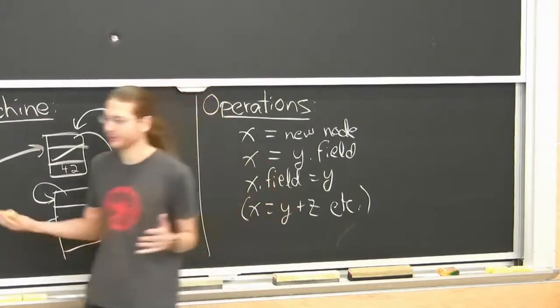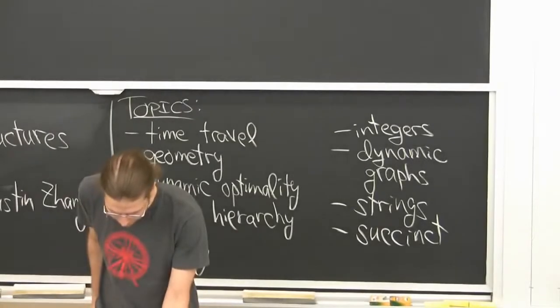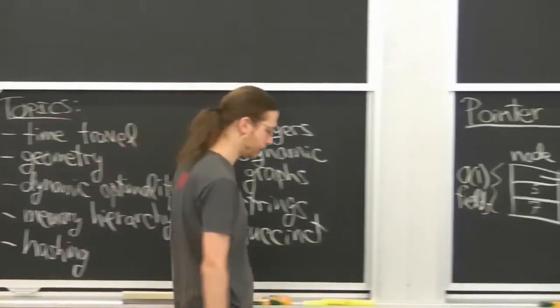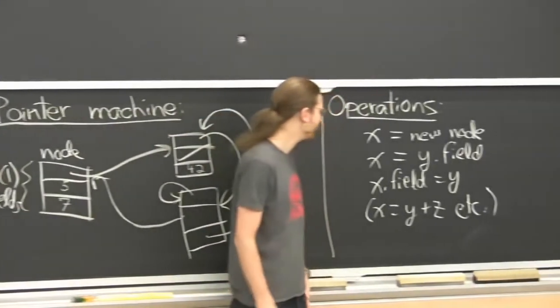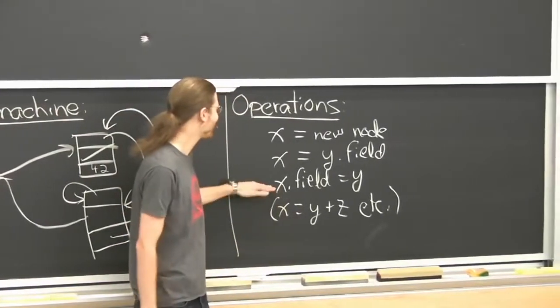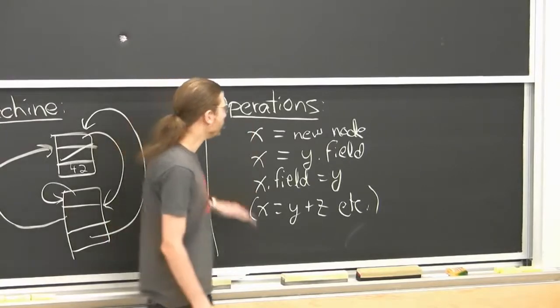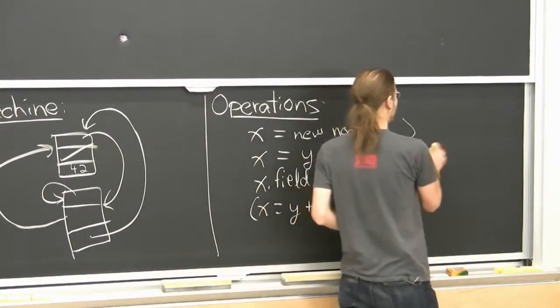So, am I missing anything? Probably. I guess you could destroy nodes if you felt like it, but we won't have to today because we don't want to throw anything away when you're time traveling. It's too dangerous. And then the one catch here is what are x and y?